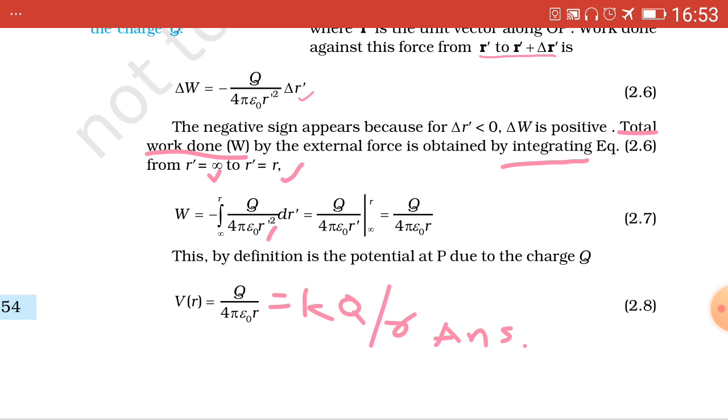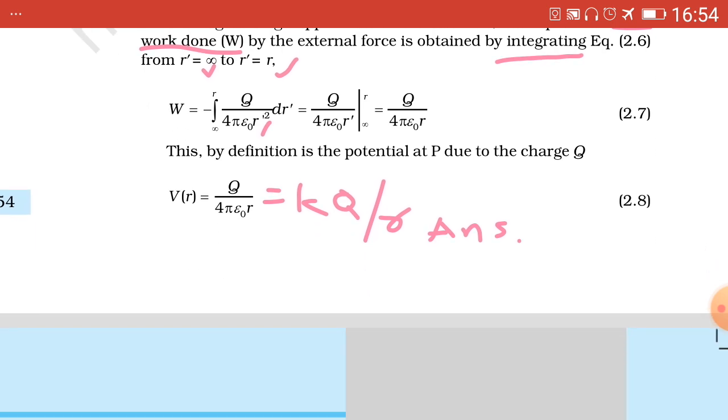In simplification, it equals capital Q upon 4 pi epsilon 0 into bracket 1 upon small r minus 1 upon infinity. Now 1 upon infinity equals 0, and hence this equals capital Q upon 4 pi epsilon 0 small r, as equation 2.7 given here.